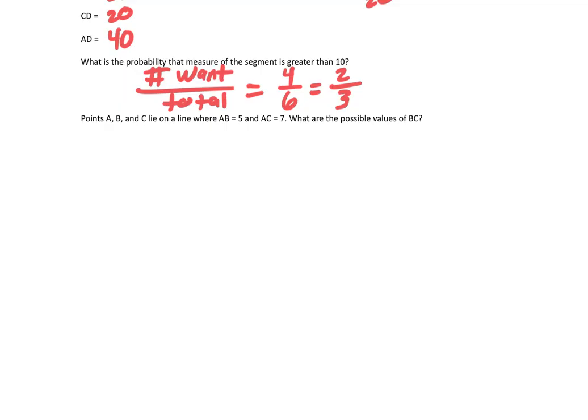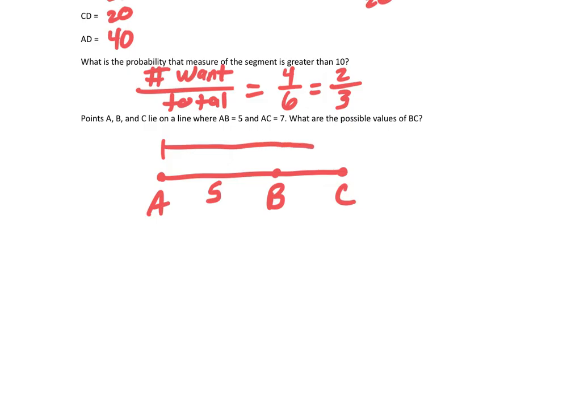And probably the way that most of us would draw this picture would be this. And we know that AB is 5. And we know that AC is 7.